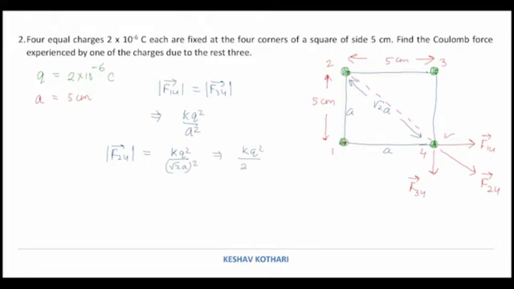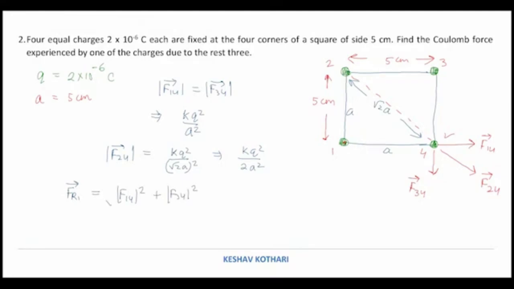Now it is important that while solving this, we make the components and then we write the value of the net resultant force. So for calculating the net resultant, we first calculate the resultant of F34 and F14. I am calling this FR1, which is equal to the square root of F14 magnitude square plus F34 magnitude square.